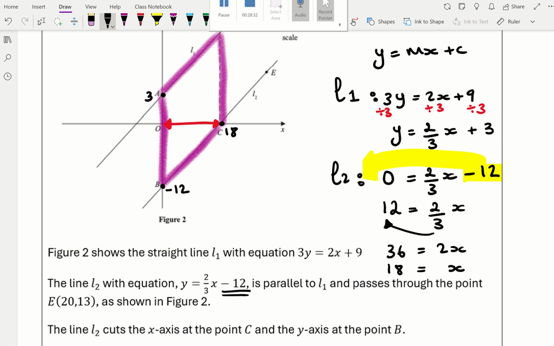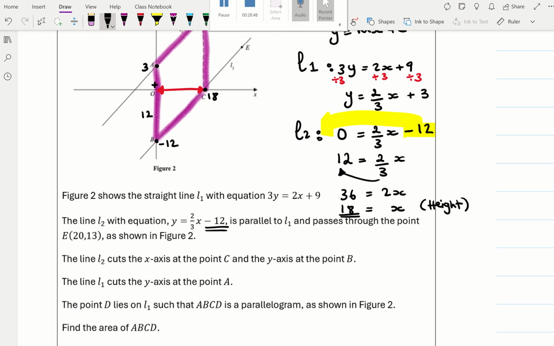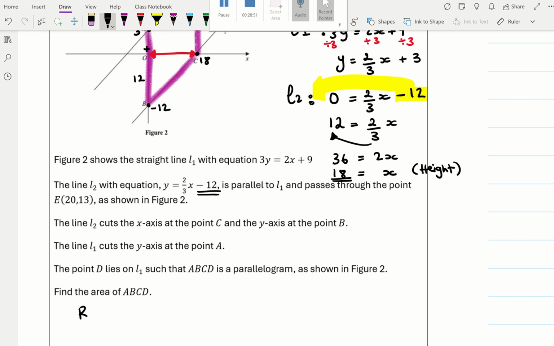Now the height goes from 0 to 18, so the height is 18. And the base goes from negative 12 to 3. So the base is 12 plus 3, which is 15.